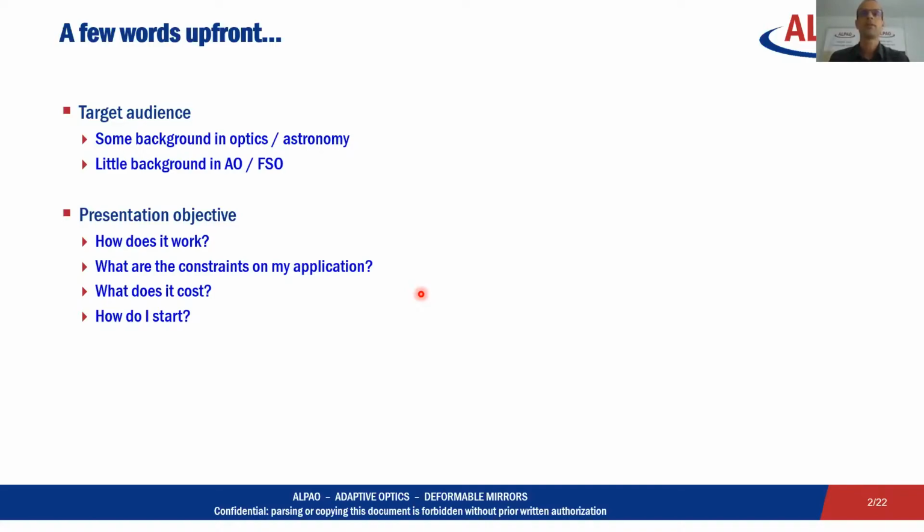If you have some background in FSO, you might be interested in the constraints the integration of an AO system imposes on your application. You might be interested in the rough order of magnitude cost of an AO system. We also give you some hints on how you could get started with integrating AO in your system.